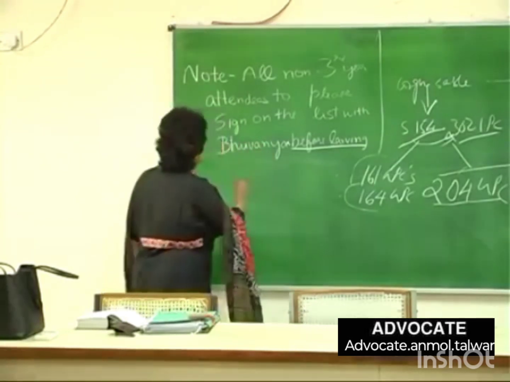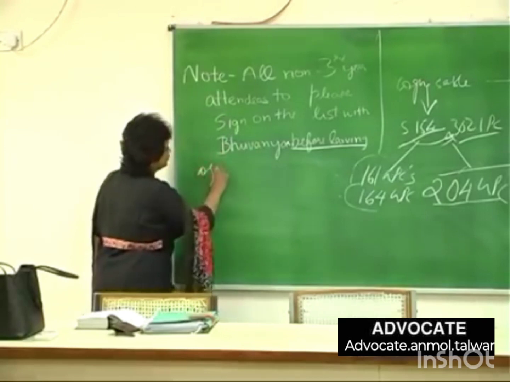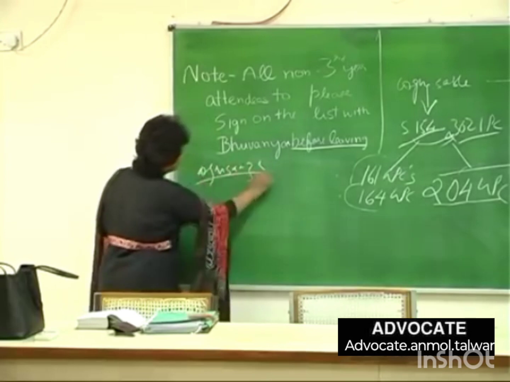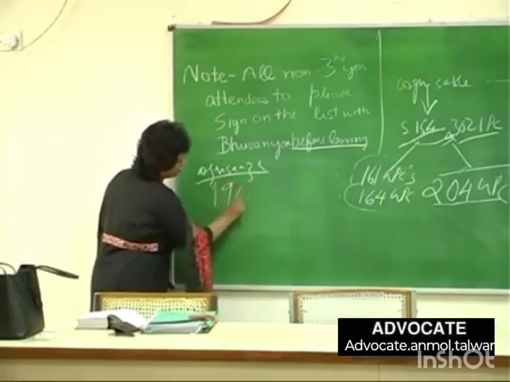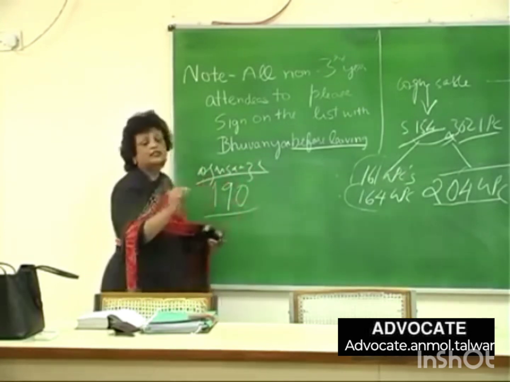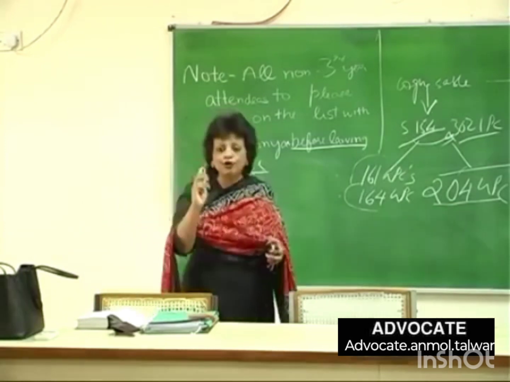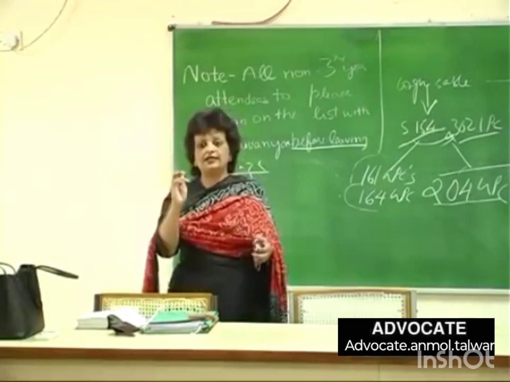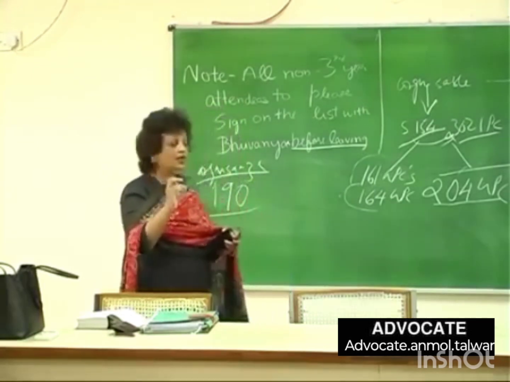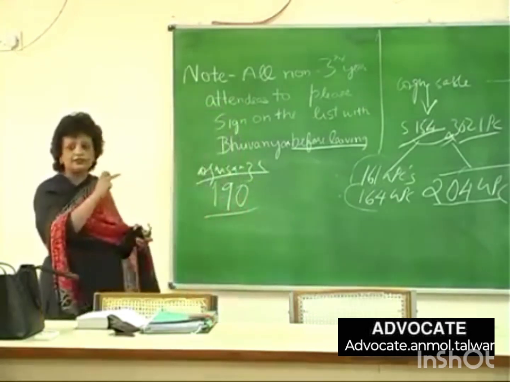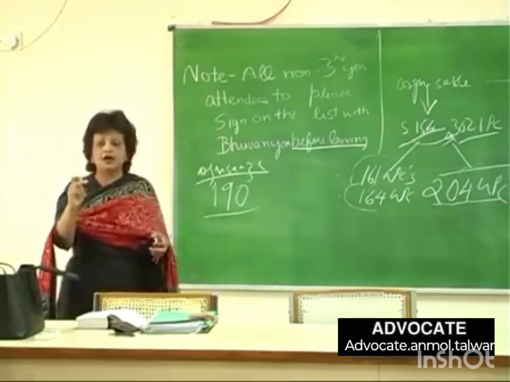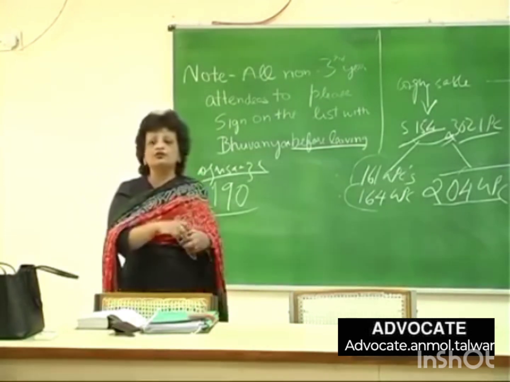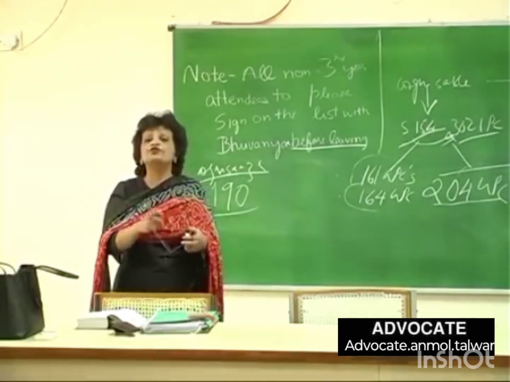It takes what is known as cognizance of the offense. This, if you turn to section 190 of the Code of Criminal Procedure, is perhaps the most important judicial function that a magistrate can take in a criminal trial. Taking cognizance of an offense is applying his or her mind to the facts and circumstances of the case and coming to the conclusion that there are sufficient grounds to proceed.